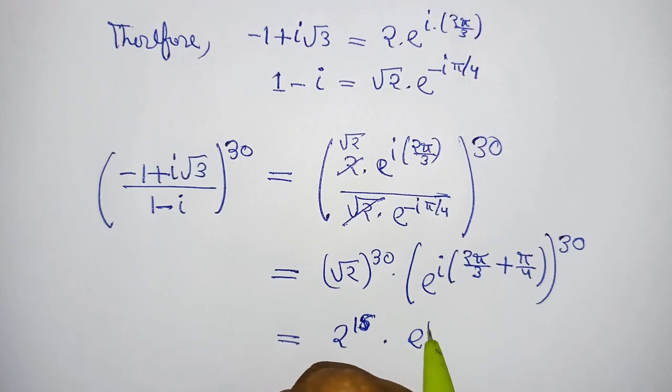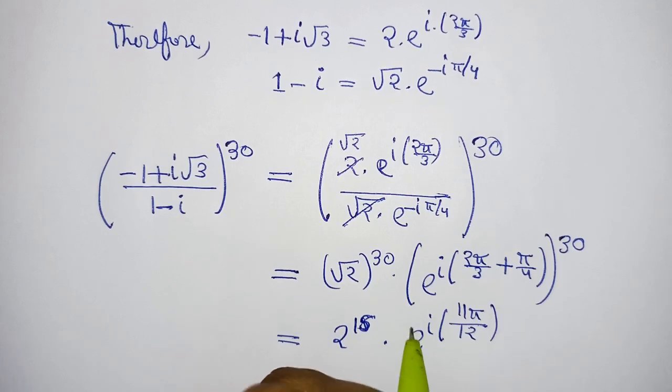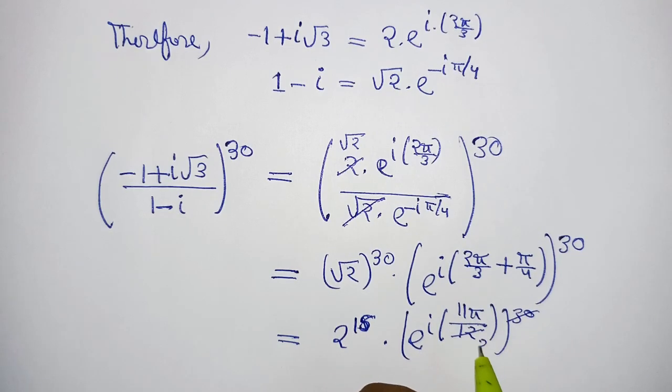And then by simplifying we have this part will be equal to 2 power 15, and then here we have e raised to power iota. When we add up this part we have 11 pi by 12, and the whole power is 30. So now clearly you can cancel out by 6, so we have here 2 and here 5.